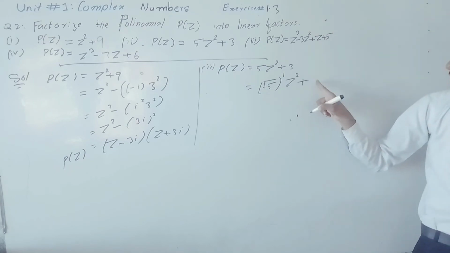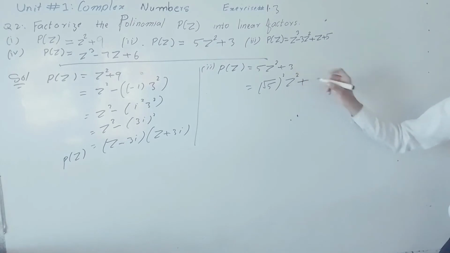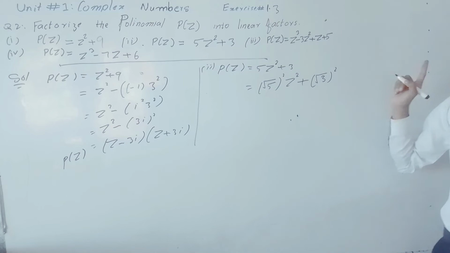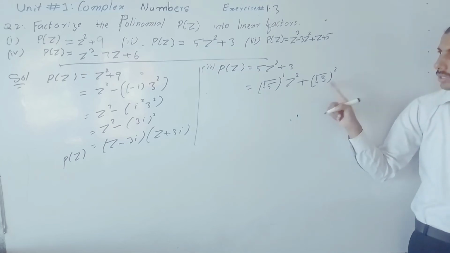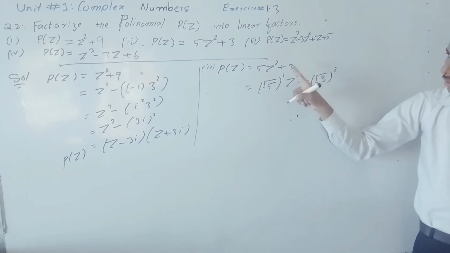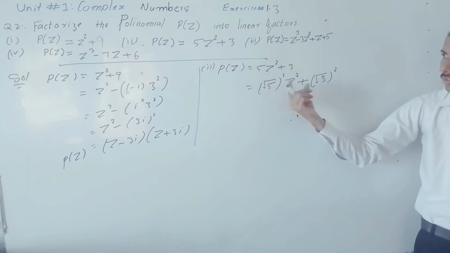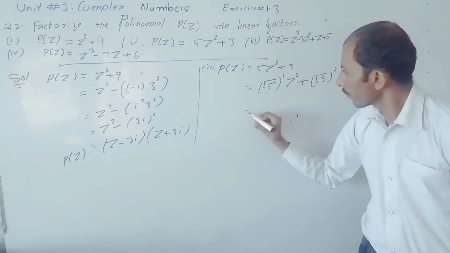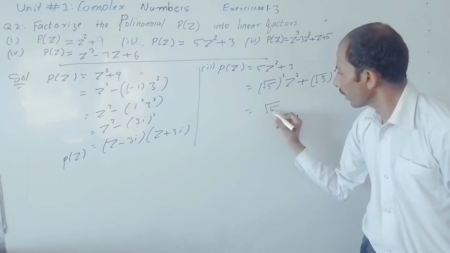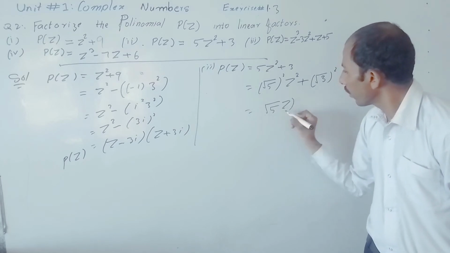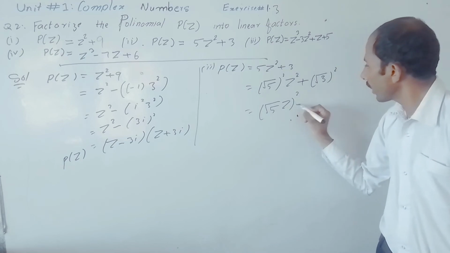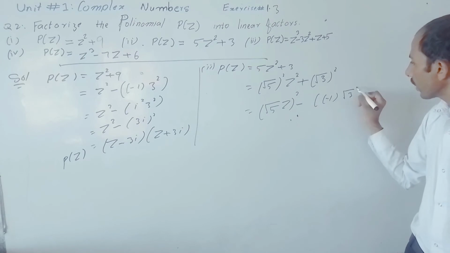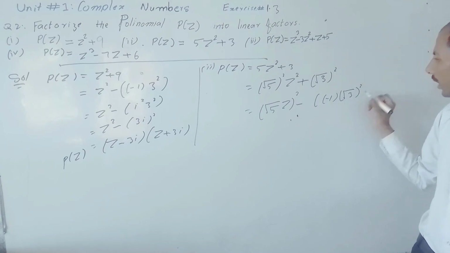Plus 3 can also be written in the form of under root of 3 whole square. If we cancel, square cancels, which is equal to 3. So under root of 5 can also be written in this form, under root of 5 whole square. So next, under root 5 z whole square. So minus multiply minus 1 into under root of 3 whole square.